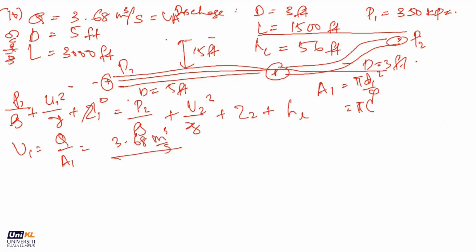So pi times 1.524 squared over 4. So U1 equals 0.017 meter per second. Okay, so A2.